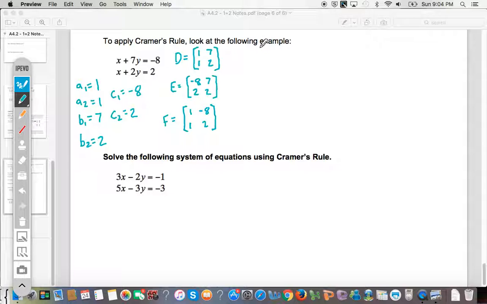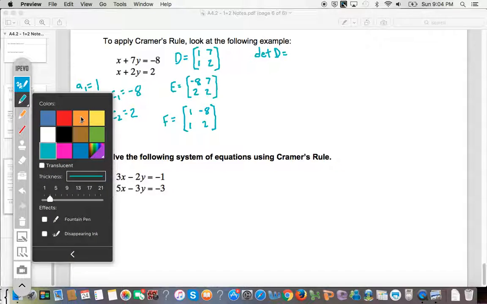So right up here, I'll write determinant of D, okay, and it equals, change my color, I'll make my lines.